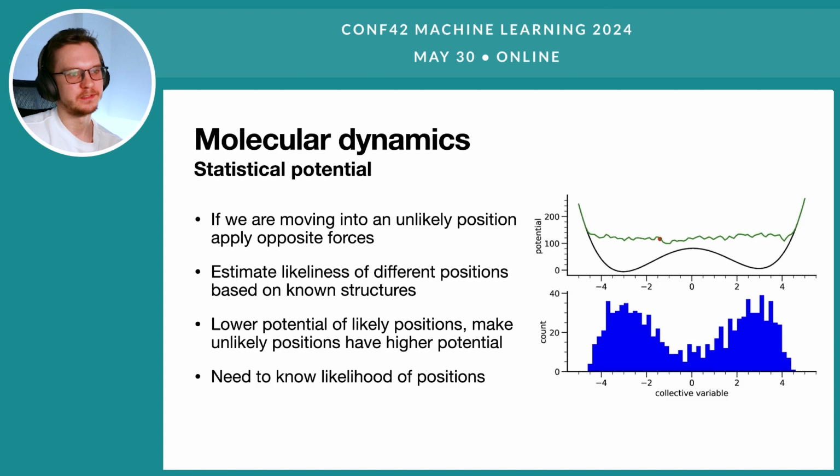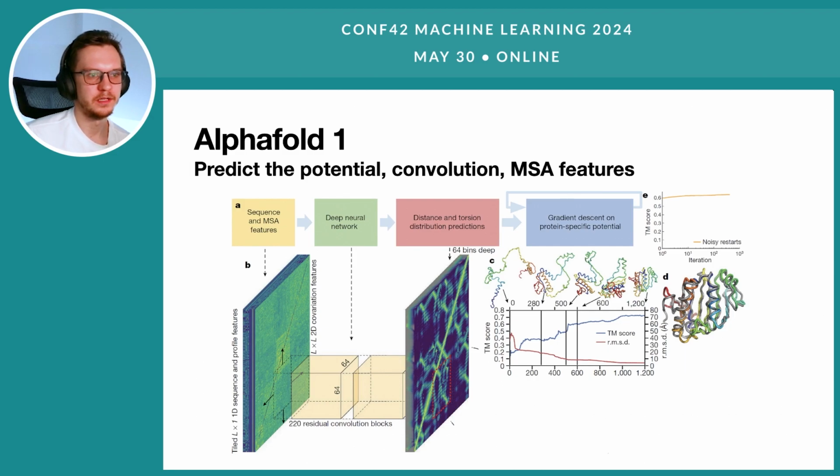If we use statistics, we just get a lot of data and estimate the likelihood of every position, but it only works on specific protein families, because statistics in one family can be different from another family. And that's where deep learning comes in.